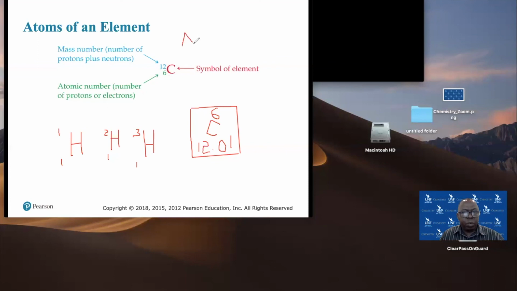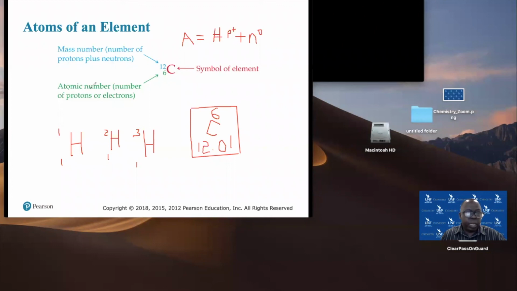A is always the mass number, given by this equation, just such as density: the mass number equals protons plus neutrons. This is how you interpret this. And this is the same as the position, the atomic number.